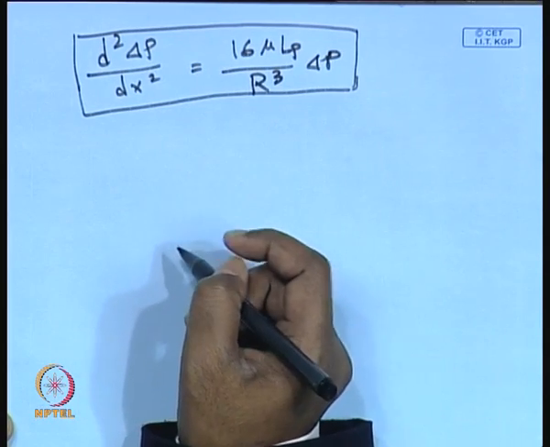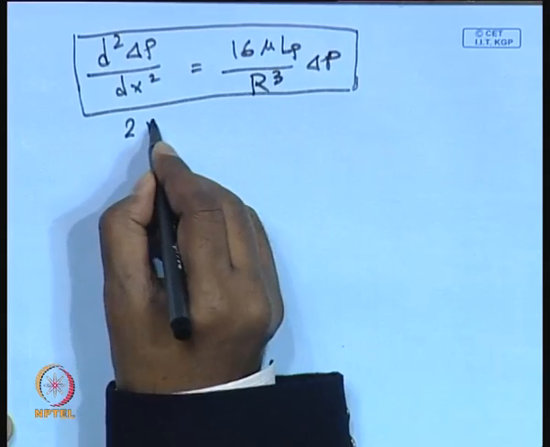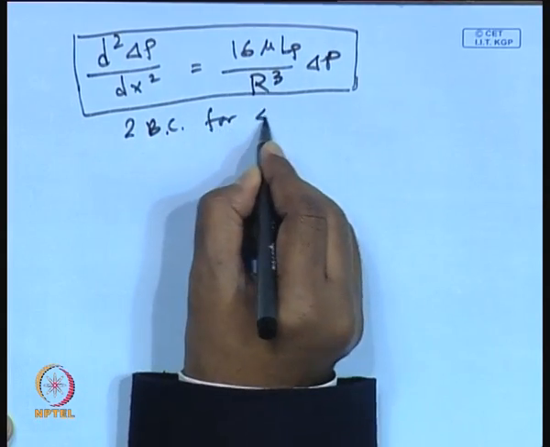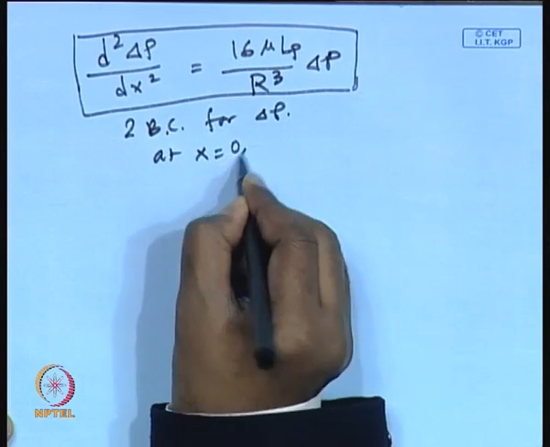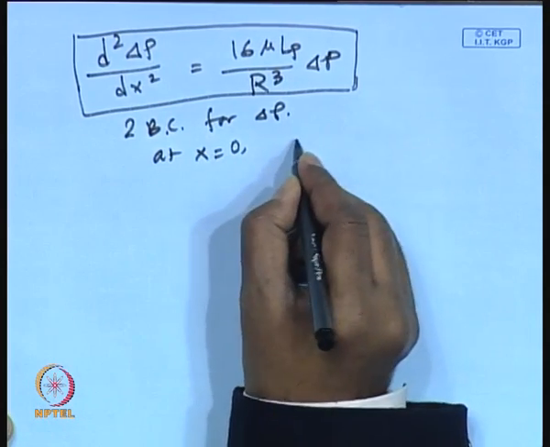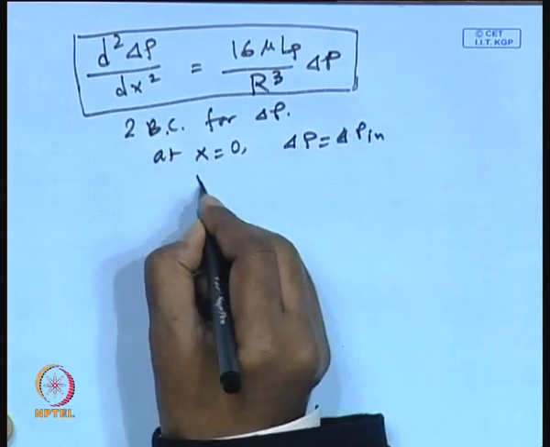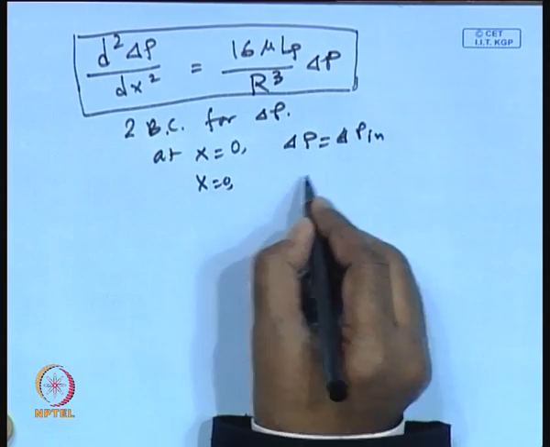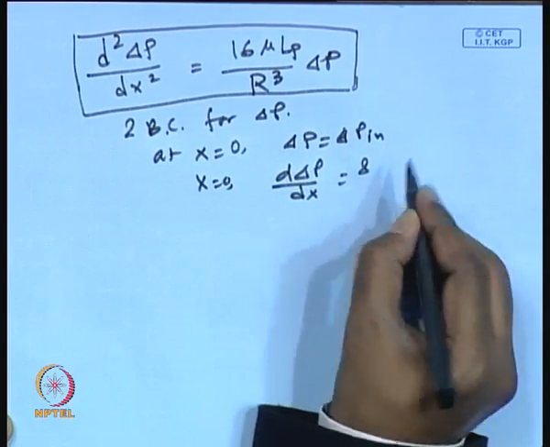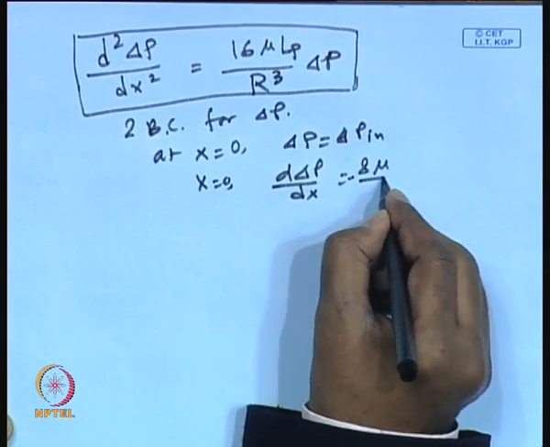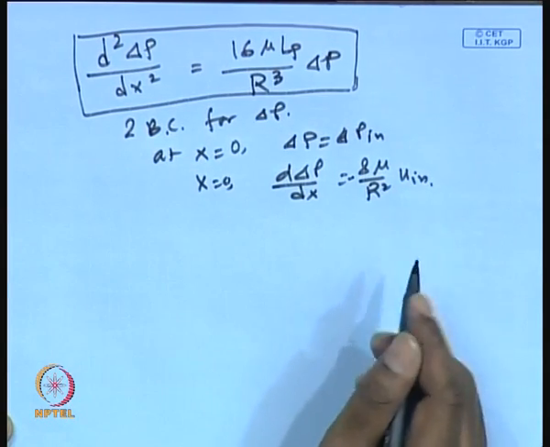We require two boundary conditions for delta p, and we have already seen how they will be set. At x equal to 0, both the boundary conditions have to be specified. Delta p is equal to delta p in, and at x equal to 0, d delta p dx is nothing but minus 8 mu over r square times u in, the inlet velocity.